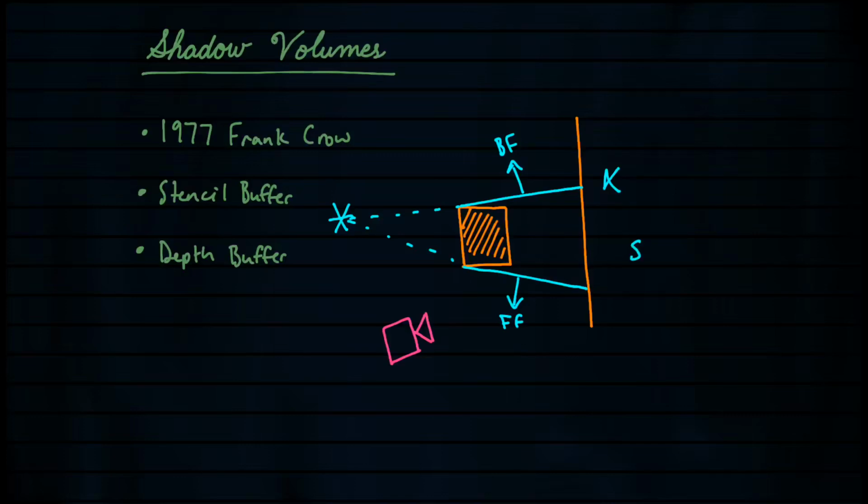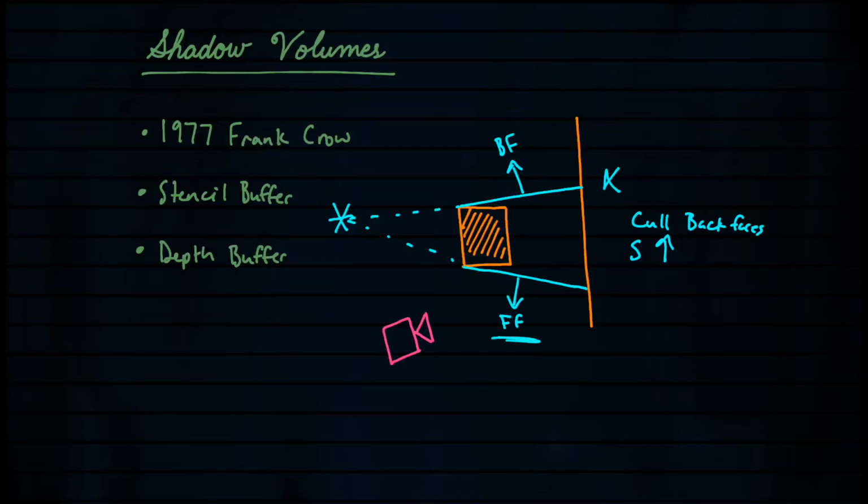So I'm going to put S for stencil. We're going to increment. We're going to cull backfaces. And then we're going to render the shadow volumes, so only the front-facing ones are generated.